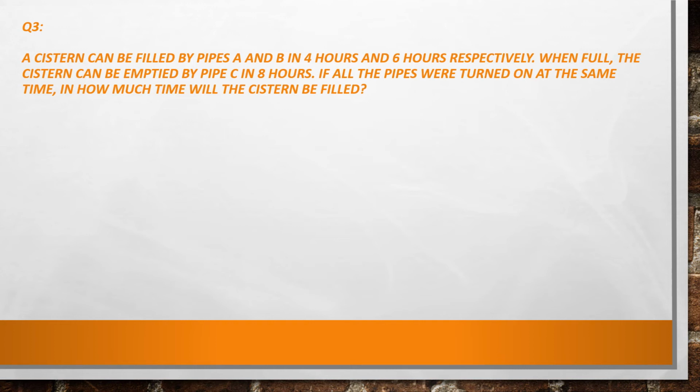But total time taken will be given by pipe A, it is 1 by 4. Pipe A, it is 1 by 4. Plus pipe B is given by 1 by 8.